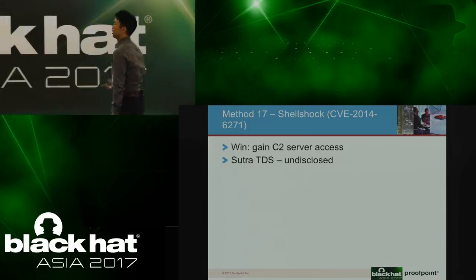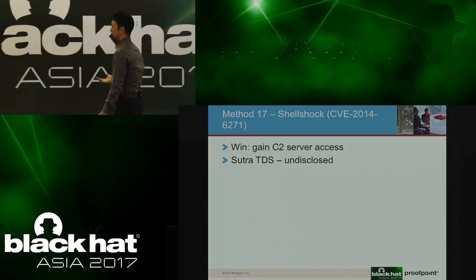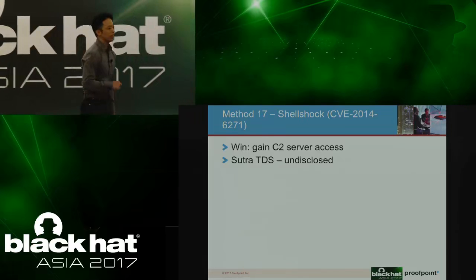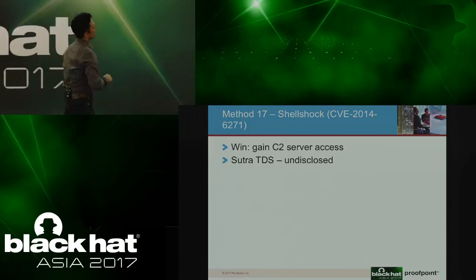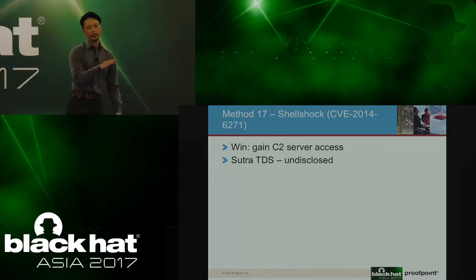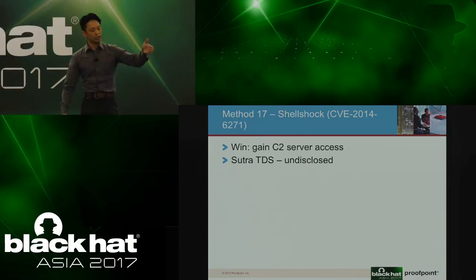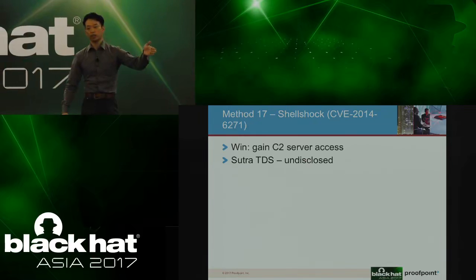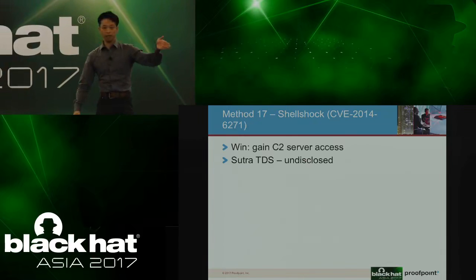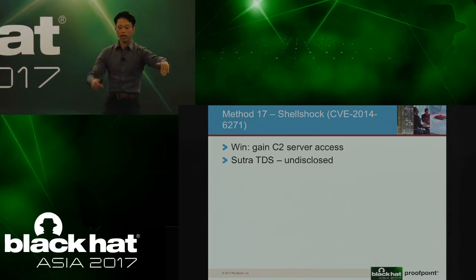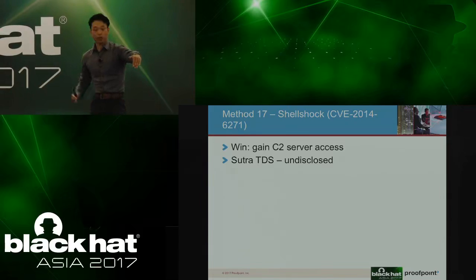Or Shellshock, very well-known vulnerability, and you'd be surprised. Sutra TDS is one of the most well-known TDSs that these actors just love to use, right? They're using these TDSs to filter out unwanted IPs, to act as a shield between their infrastructure and vendor scanners.